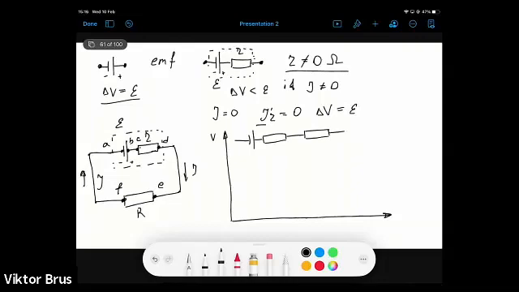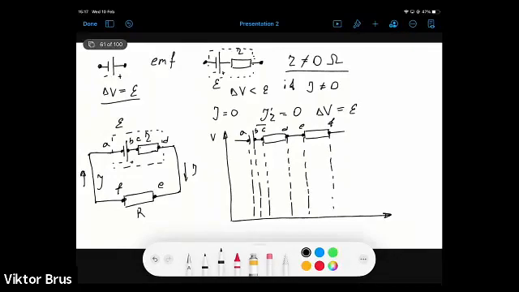So we have all these points now in one line, A, B, C, D, E, F, and we can consider what is going on with the electric potential at each of these segments between points.